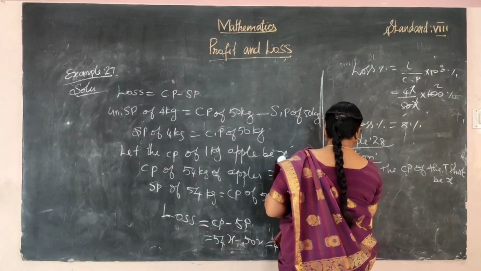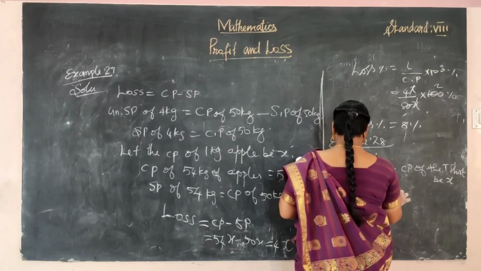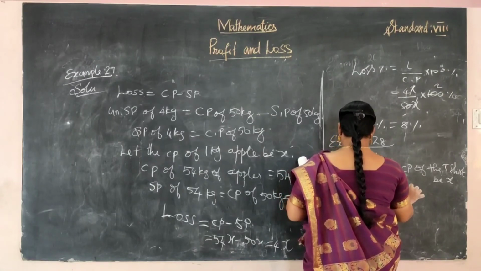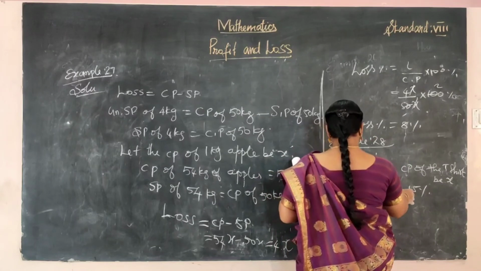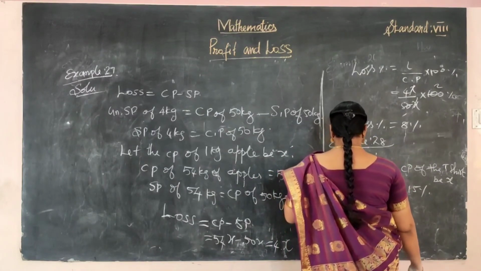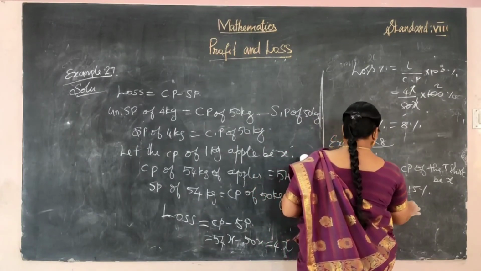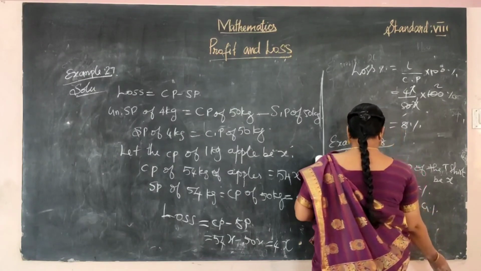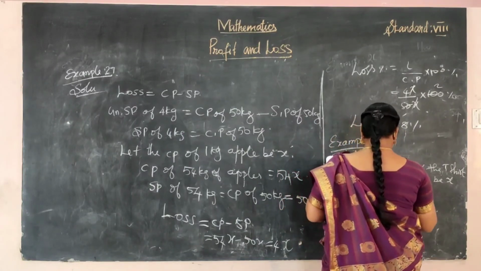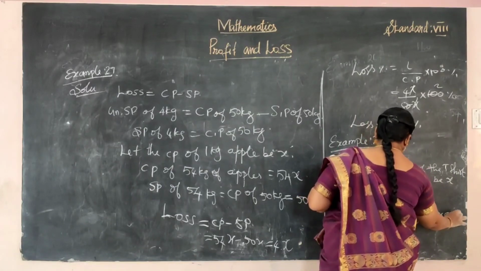Gain is given, a profit of 15%. So SP is equal to 100 plus gain percentage by 100 into CP.